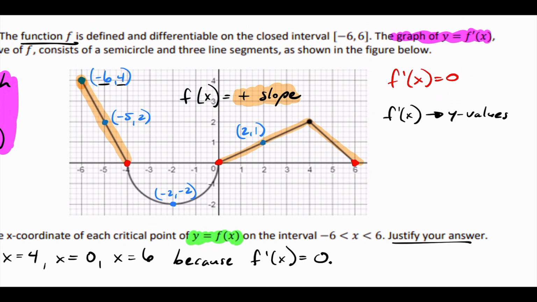That's where f's slope was positive, because all of those have positive y values. Okay. So what about underneath the x-axis? What type of y values do those guys have? Negative. So that means it's going to have a negative slope, right? Negative slope.